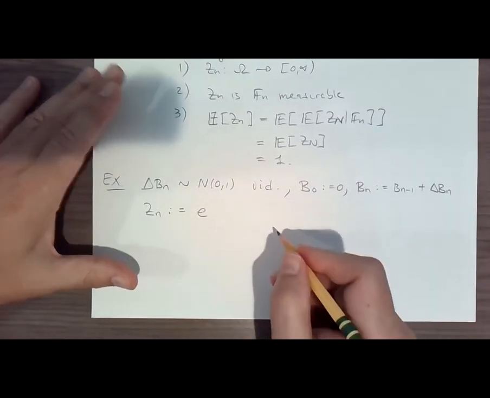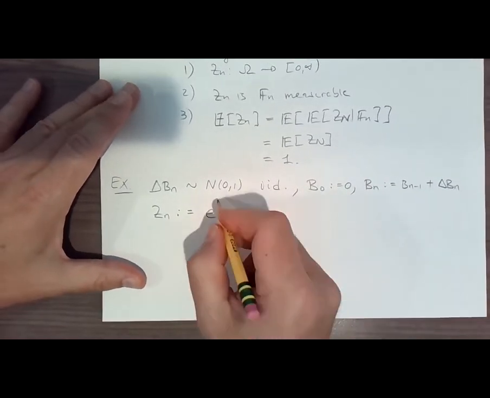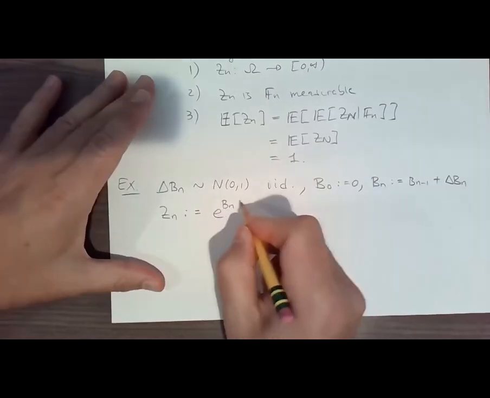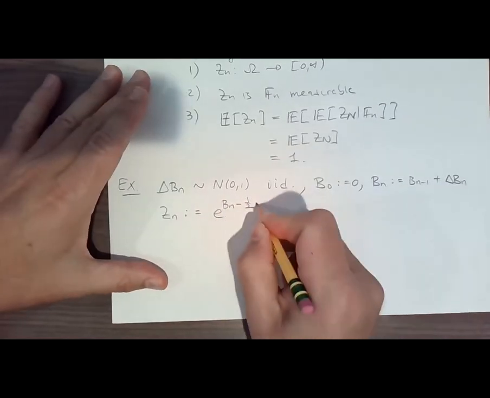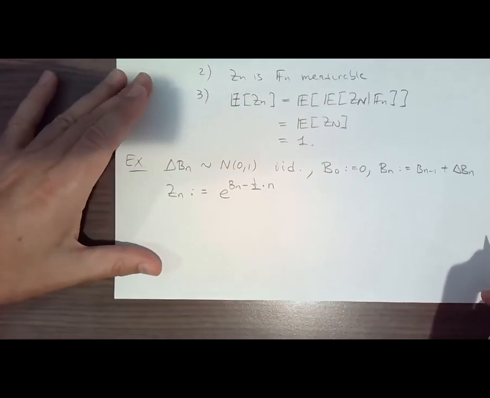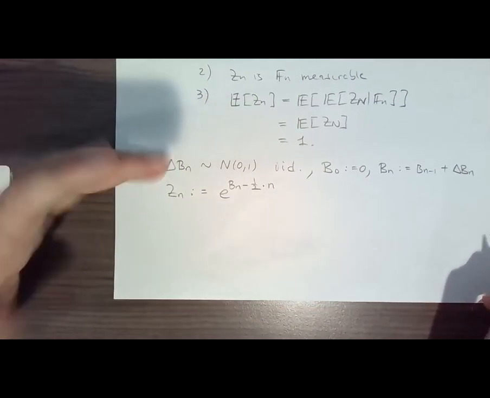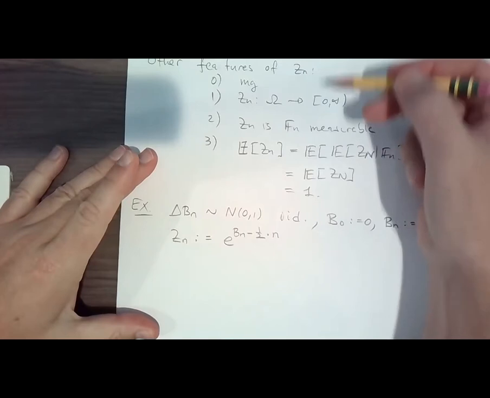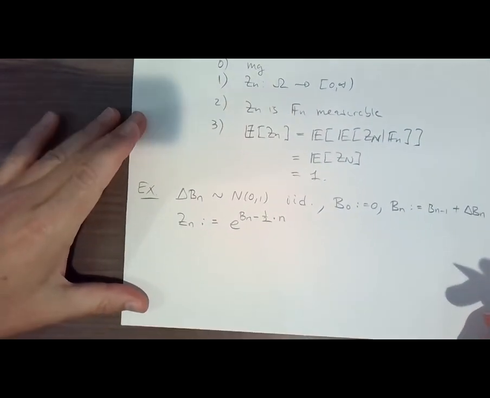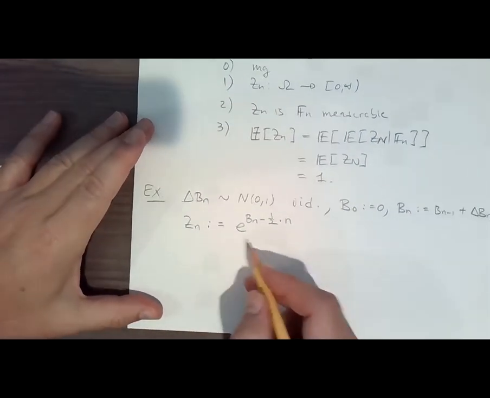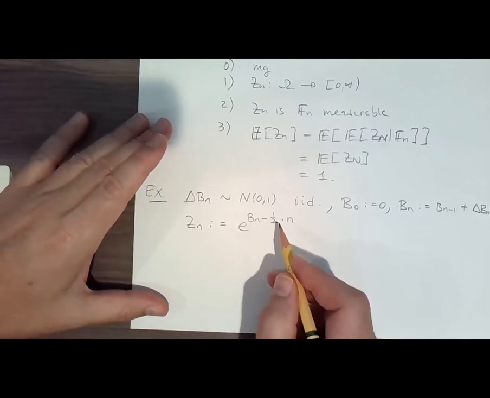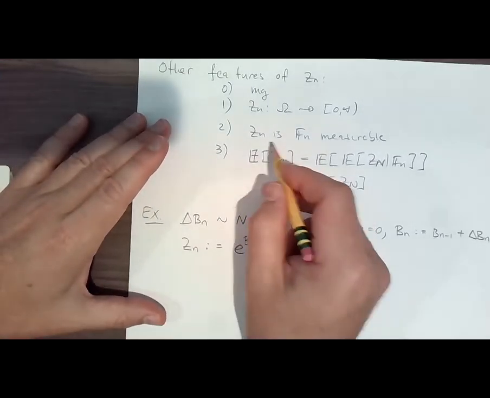So what is my random derivative process? Well, it's going to be e to the Bn minus 1/2 times n. So I'm claiming that it has all these features that we have listed up here. You can see it's positive, because it's an exponential. You can see that it's Fn measurable.